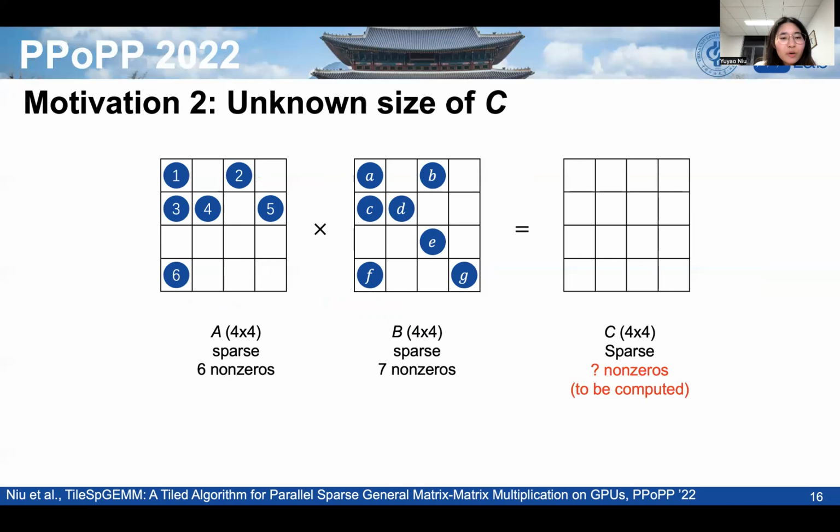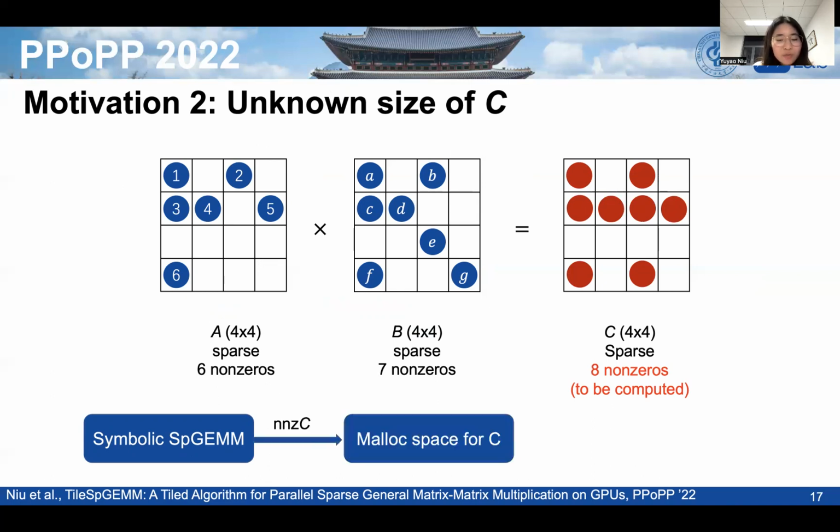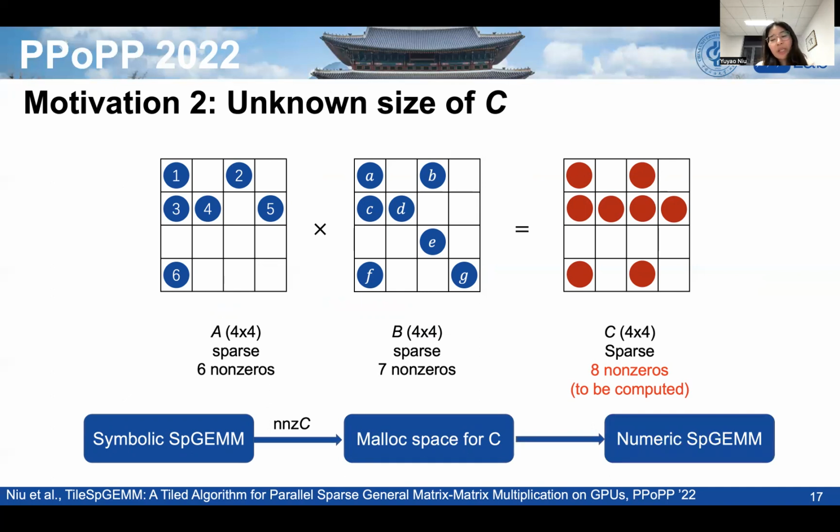And the second performance issue is about the size of C. As we mentioned before, the resulting C is sparse. This is why SpGEMM is the most complicated kernel in Sparse BLAS. In order to complete the computation, we first have to do the symbolic SpGEMM to get the number of non-zeros of C. After that, we can malloc space for C, and then we do the numeric SpGEMM.